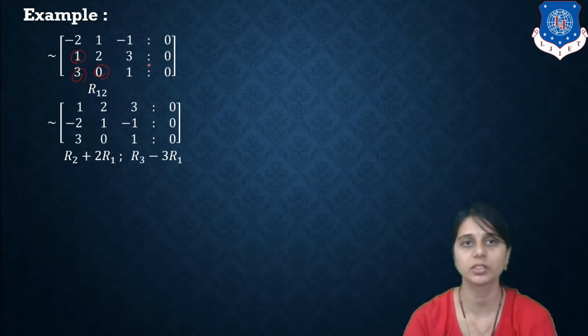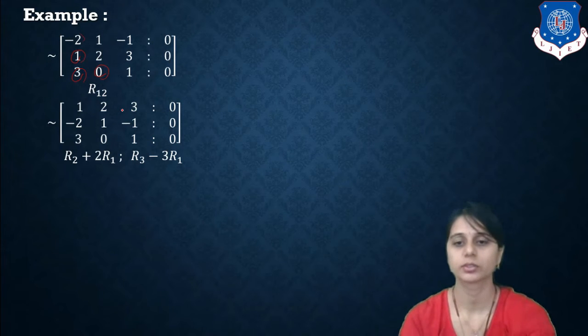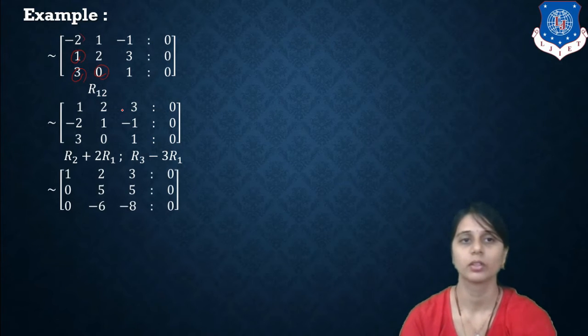We swap the rows because having 1 as the first entry makes the matrix easier to solve. Taking R2 plus 2R1 and R3 minus 3R1.